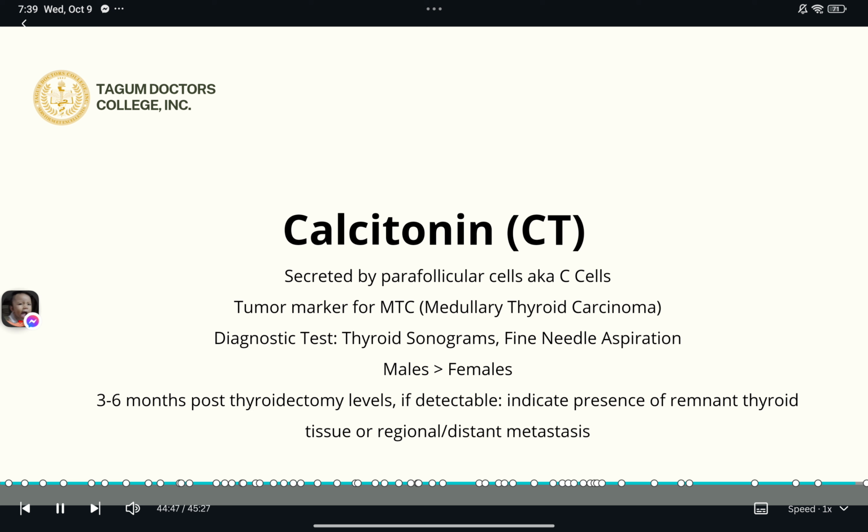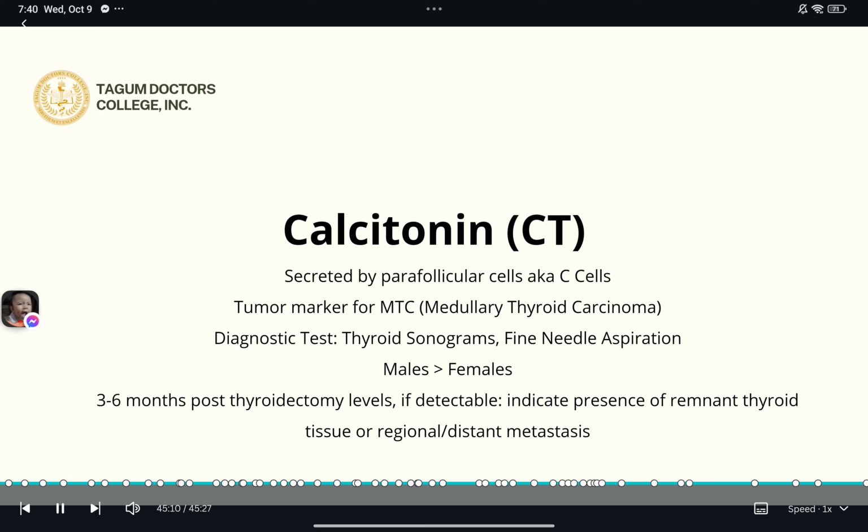Otherwise, if makakita pa ta, it could indicate the presence of remnant na tissue, meaning wala jud nakuha ti buok na katong thyroid tissue. And it could also mean na wala lang nag-stay sa thyroid but then metastasized na siya elsewhere.